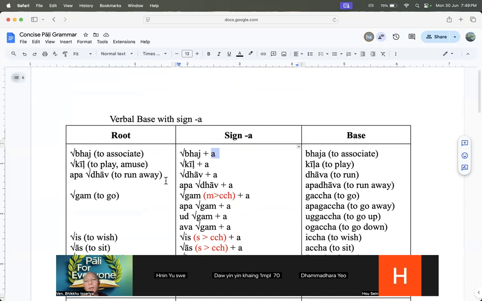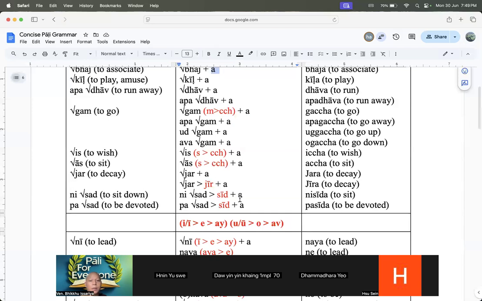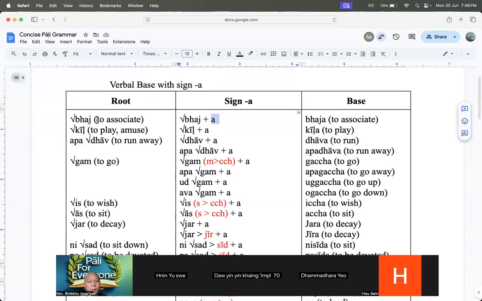So many roots are very simple, not complicated. So all of the complicated roots are mostly here already explained. The others are like Baja, root Baj, by adding the Bajat to associate, root Gi, by adding the Gila to play, root Dawa, so by adding the Dawa to run in this way.